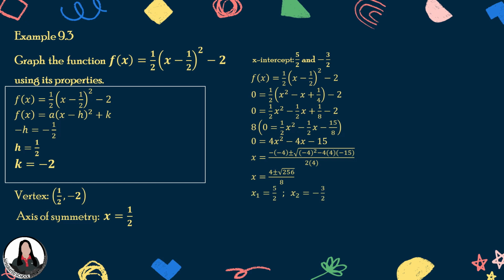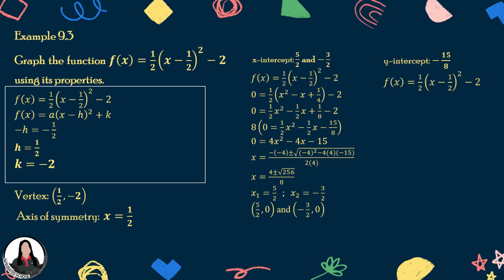So, simply, x sub 1 is 5 halves and x sub 2 is negative 3 halves. So, kung medyo nalilito pa kayo sa quadratic equation, pwede nyong balikan yung videos na meron tayo for the quadratic equation para mas maalala nyo at ma-review nyo kung paano po mag-solve ng quadratic equation kasi gagamitin natin siya sa ating lesson for today. So, therefore, we have 5 halves, 0 and negative 3 halves, 0.